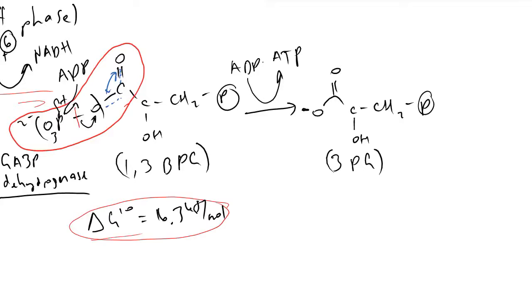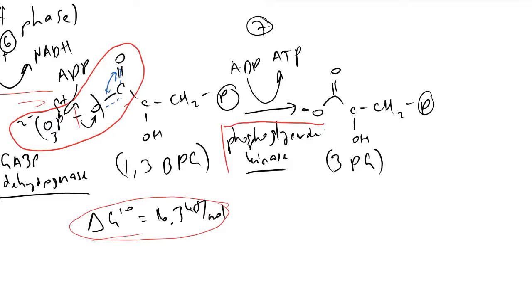And the enzyme that catalyzes this reaction, which is step 7 of glycolysis, is called phosphoglycerate kinase. And recall from earlier the definition of the kinase class of enzymes are those that are transferring and moving phosphate groups around.